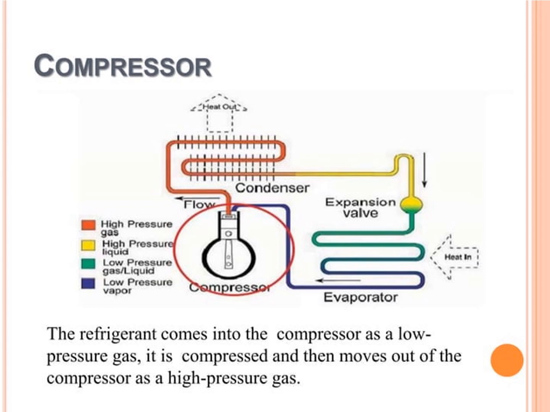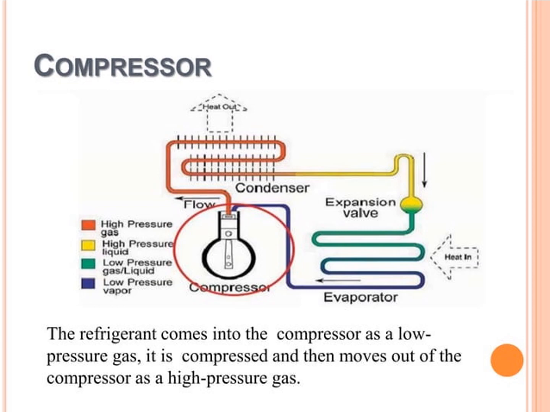In the diagram you can see the high pressure gas in red, yellow is high pressure liquid, green is low pressure gas or liquid, and blue is low pressure vapor. So from gaseous to liquid and liquid to vapor, it is done cyclically. The refrigerant comes into the compressor as a low pressure gas.